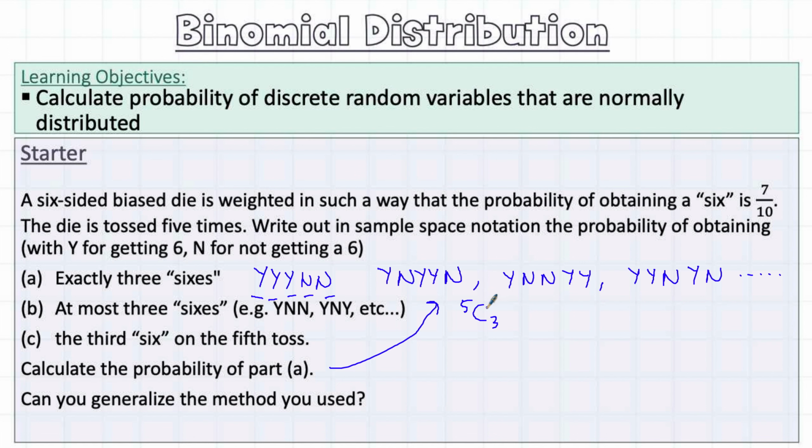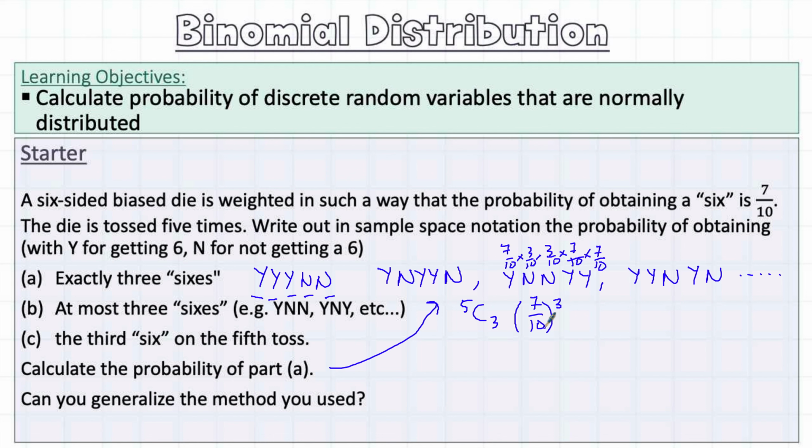So once I compute that, if I want to calculate the probability, I know that the probability is not going to change for each one, because each one of these options will always have 3 of 7 over 10 showing up 3 times, no matter where you're keeping them. It's going to be 7 over 10 times 3 over 10 times 3 over 10 times 7 over 10 times 7 over 10. And I will always get this number of 7s and 3s, just in a different order throughout.